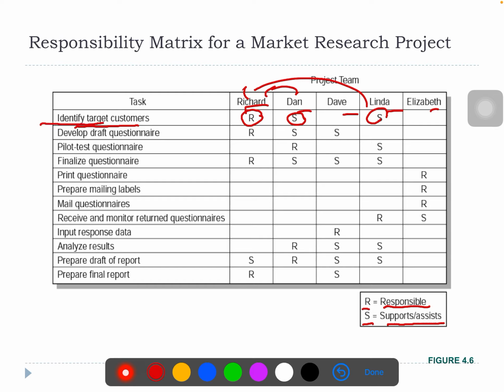That is an example of a matrix, and it tells you that between Elizabeth, Linda, Dave, Dan and Richard, who has more responsibilities and who is supposed to back up each other when problems occur when it comes to completing these tasks.